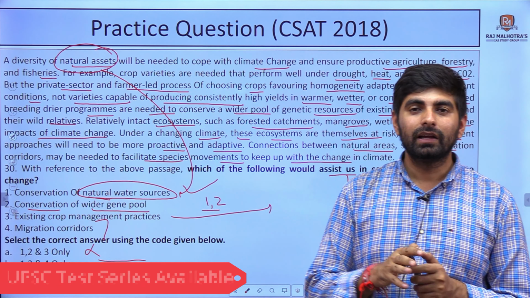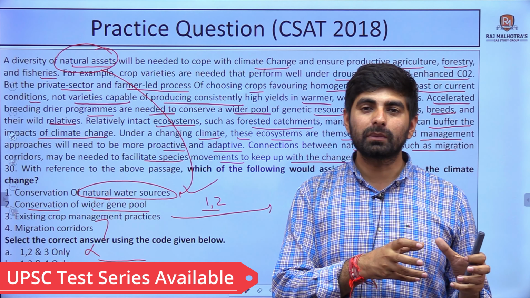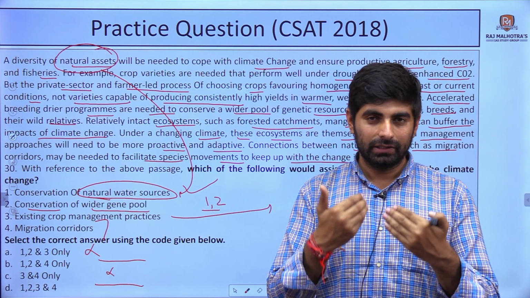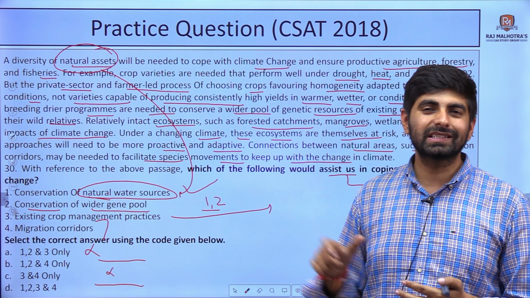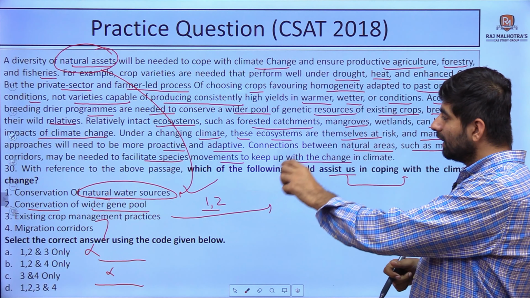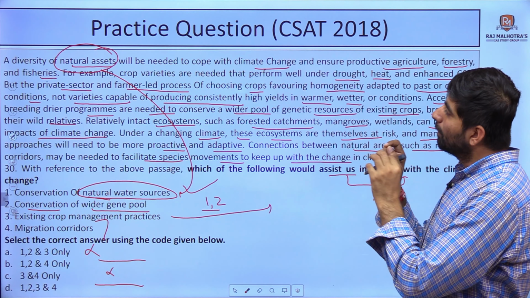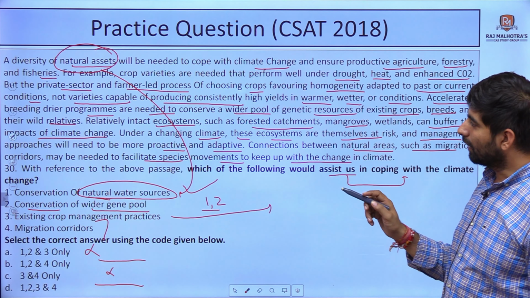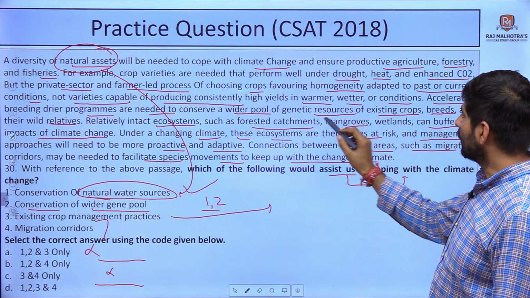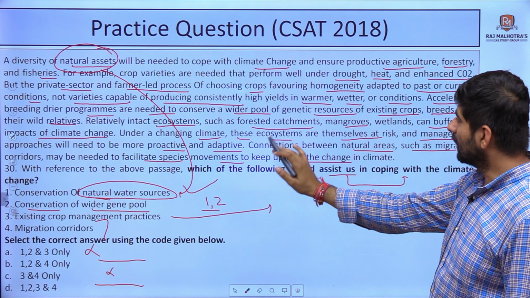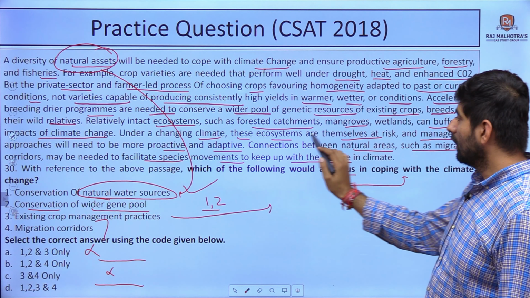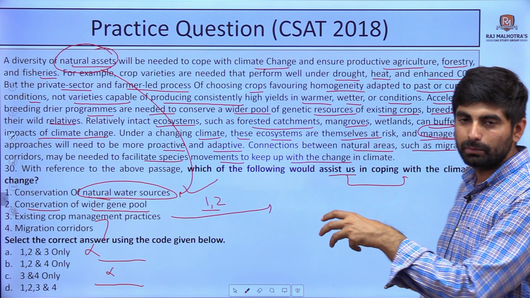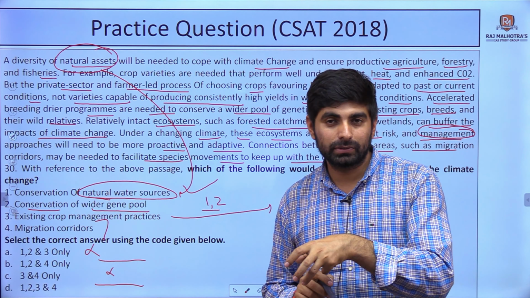The passage is very easy, the language is very good, and we understood the question as well. Now from the options we are feeling a little difficulty, because we have not found the third statement. Let's understand on which part the passage suggested to manage these things. Now if we talk about from here, wetlands can buffer under a climate. These ecosystems are, now they have mentioned managing these ecosystems rather than existing crops.